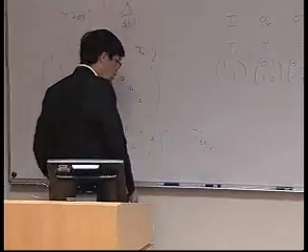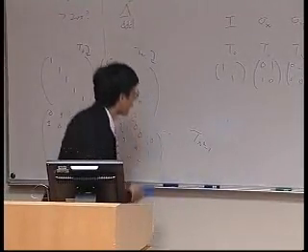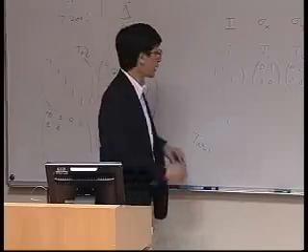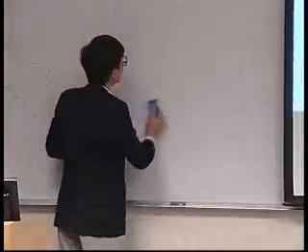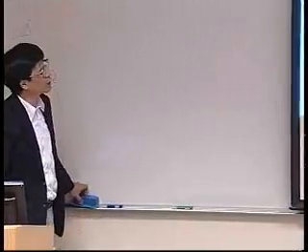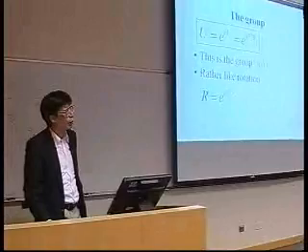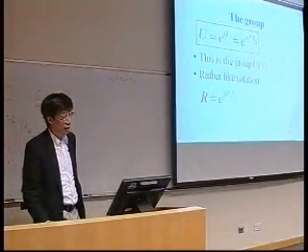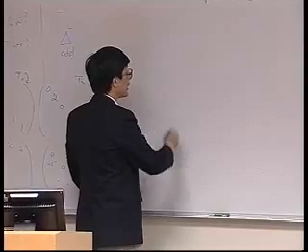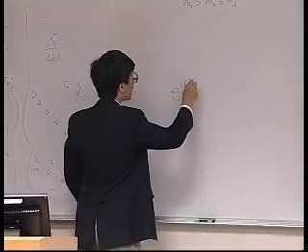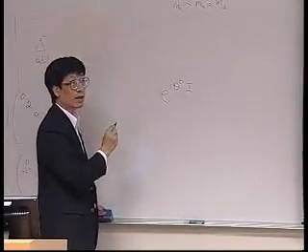Now, you may raise the following query. It's actually not quite like rotations in the following sense. Even if I take n equals 2, that is not quite like rotations, because if I take n equals 2, there are 4 terms here. There are only 3 terms here. What is missing is the 0 term, which is e to the I theta 0 times the identity, right?